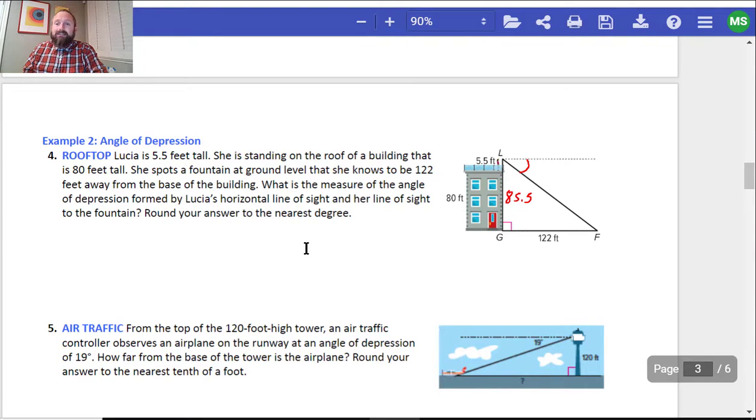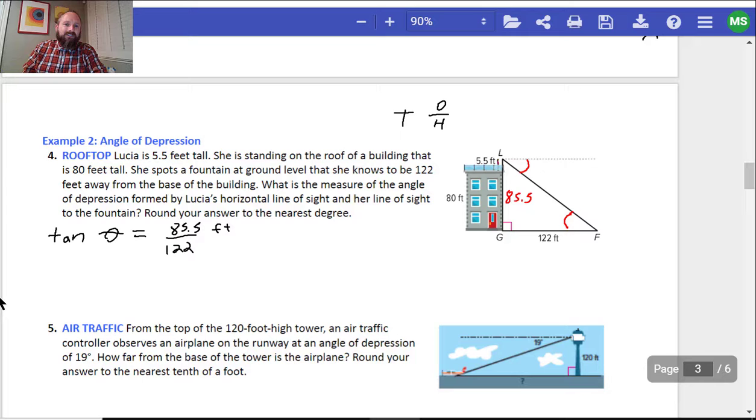So that means alternate interior angles, I want this. And this is going to be the opposite over the adjacent. So that's the tangent, the opposite over the adjacent. So now on this one, I know that the tangent of the degrees will equal the opposite, which is 85.5 over 122.